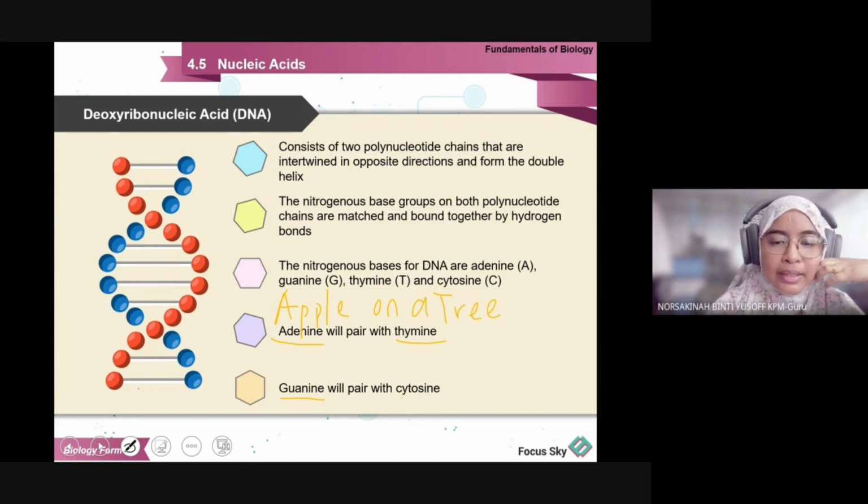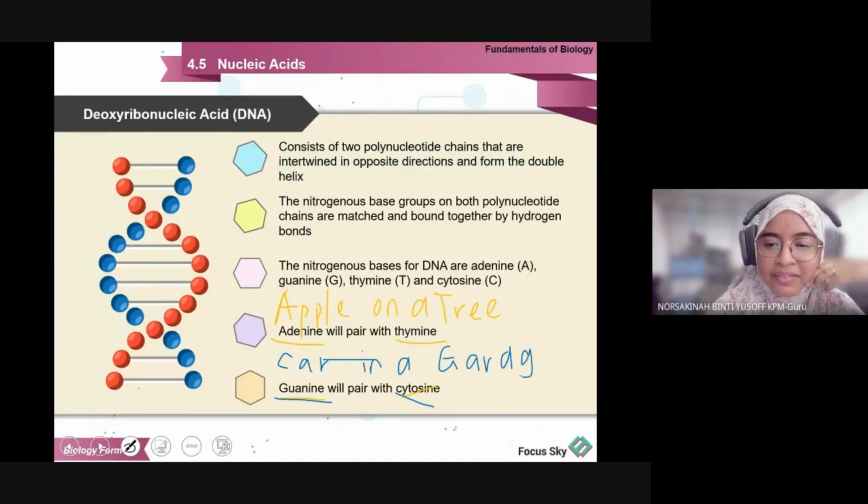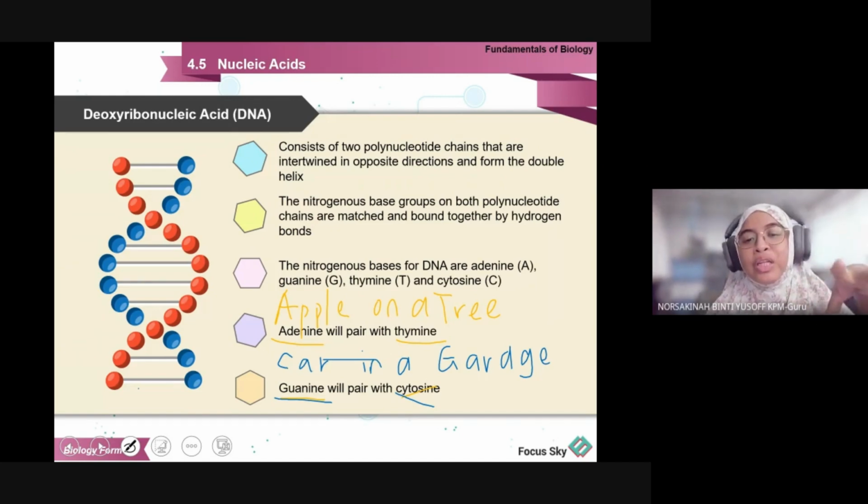While guanine and cytosine, it's actually C first: car in a garage. You need to make a way for you to remember it. Apple on the tree, AT, adenine with thymine. And then cytosine with guanine.